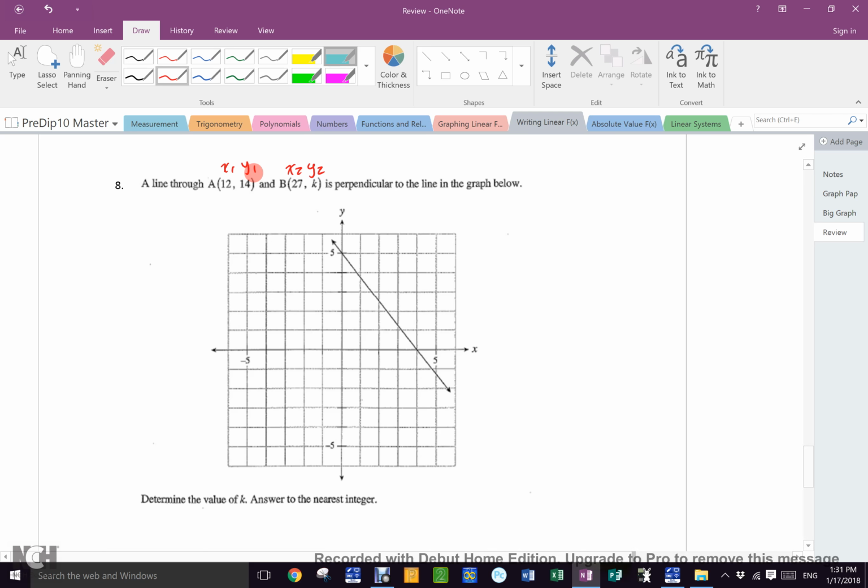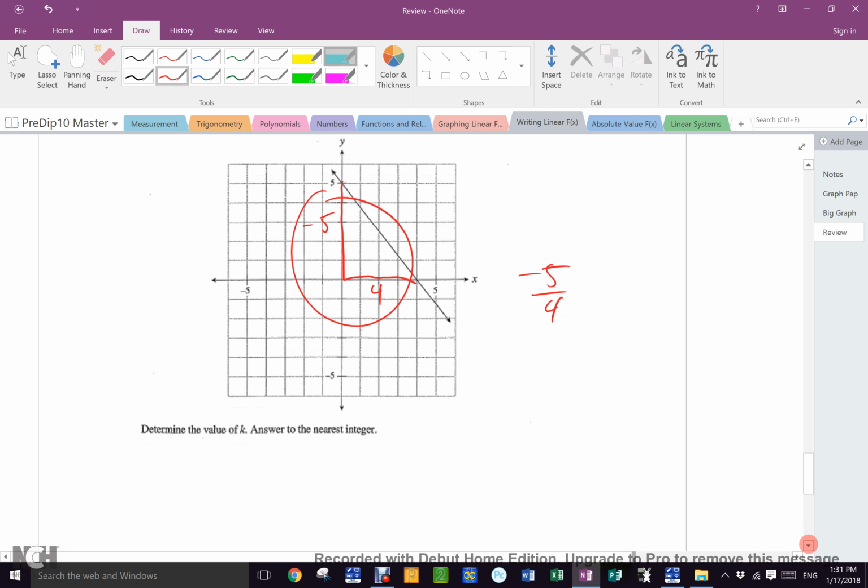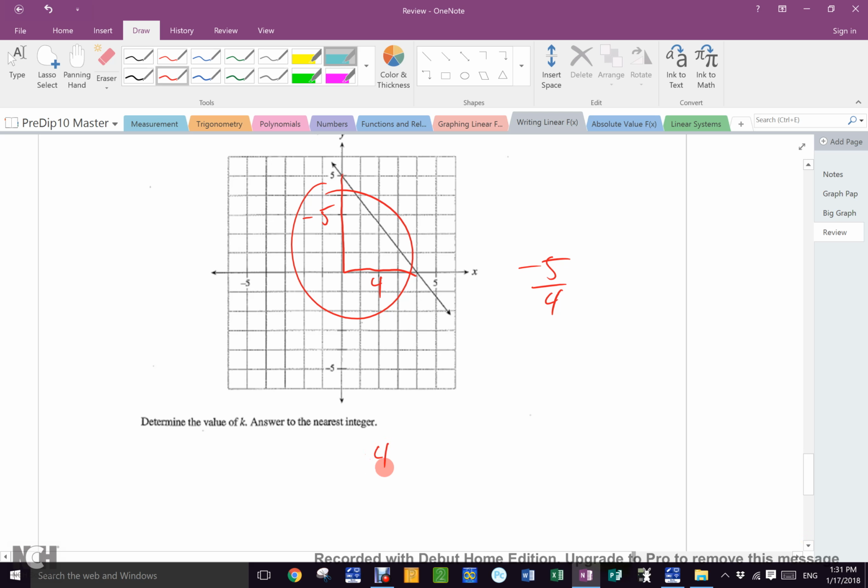Slope. But I don't know the slope. But I do know the slope, because this graph gives me the slope of negative 5 over 4, right? So this slope has to be perpendicular to this slope. What is perpendicular to negative 5 over 4? 4 over 5.